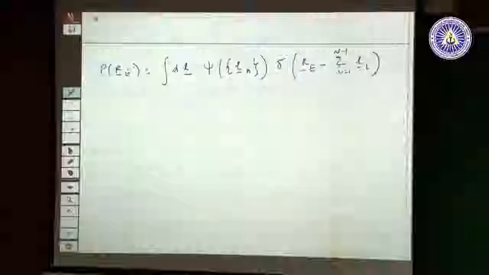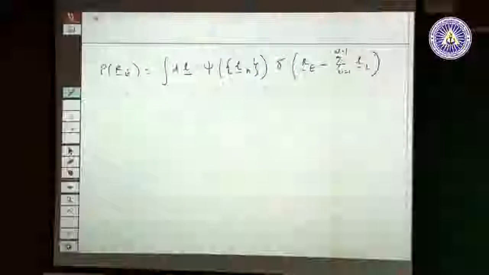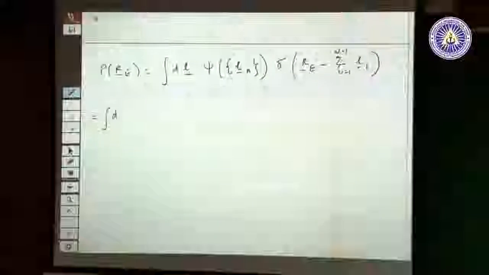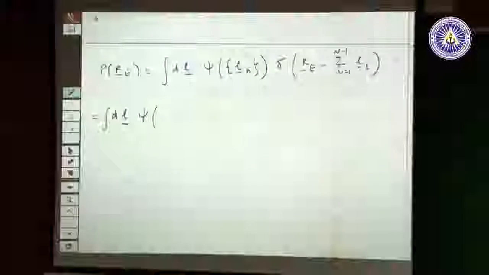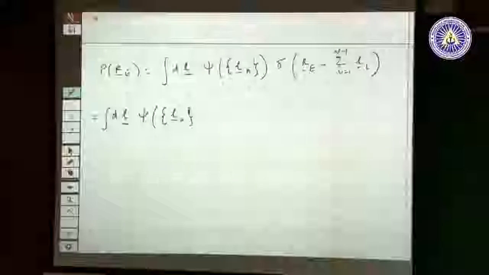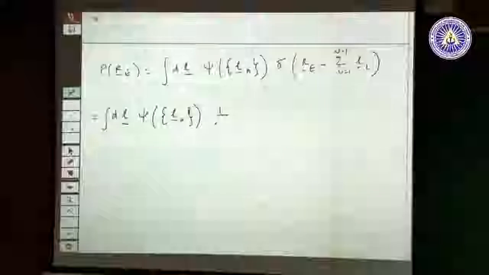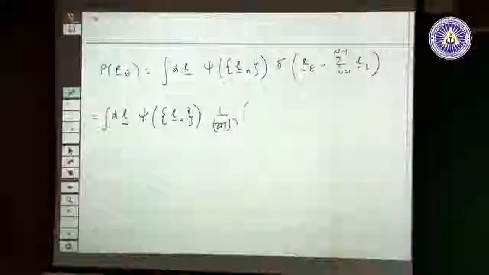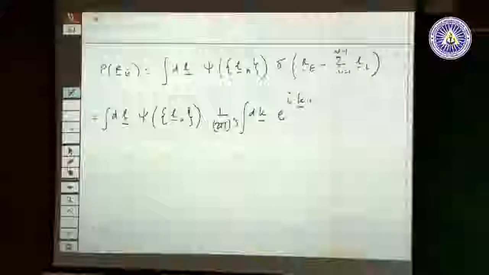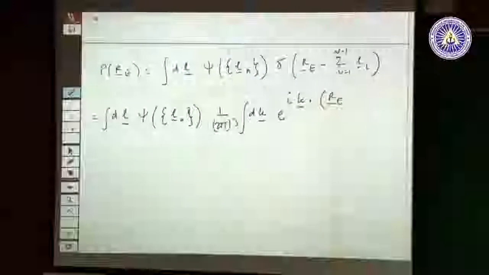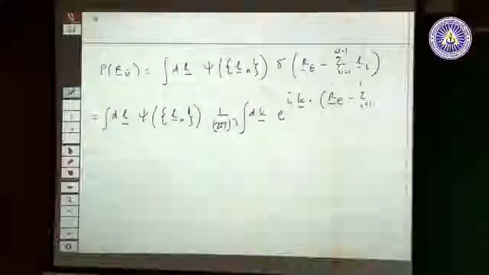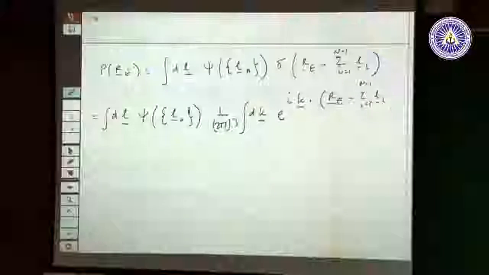Now, I am going to replace this delta function by its Fourier representation. So, I will rewrite this as integral dL psi of L_n, and this was 1 over (2π)^3 integral dk e to the power of ik·(R_E minus, whatever was in there, sum over i from 1 to n minus 1 of L_i).